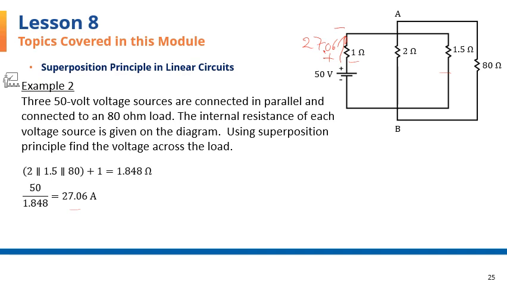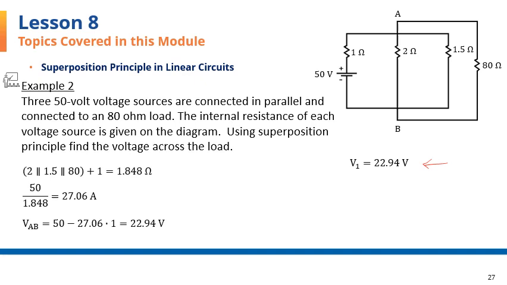And then to see what the voltage across AB is, we'll just have to subtract 27.06 from the 50 volts because of the direction of this voltage here. The polarity is opposite of the 50 volts, so we have to subtract 27.06 from 50 to get the VAB here. And that's done here to get VAB, and it came to 22.94 volts. Well, let's call this voltage V1, and I have recorded it here.